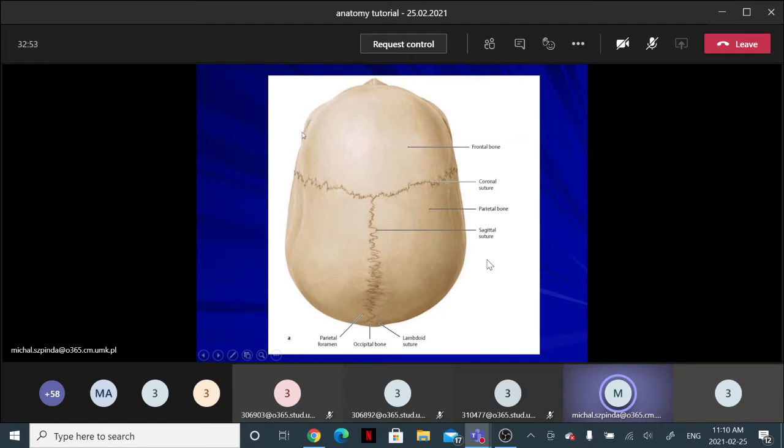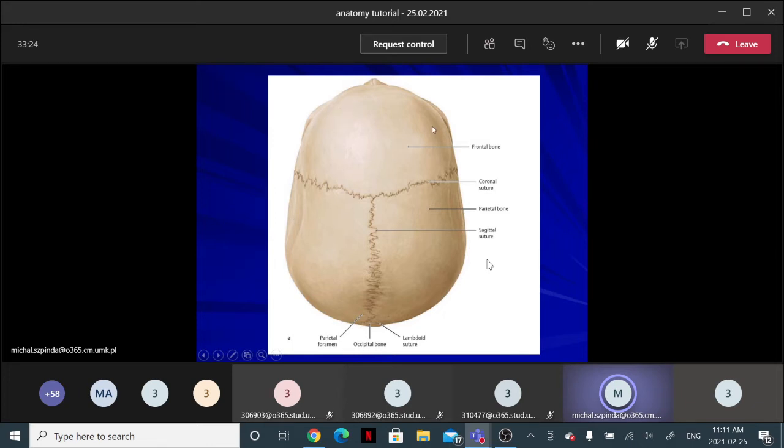So this is the superior aspect of the skull, or just the calvarian roof. It's ovoid in shape, and it's wider behind than in front.